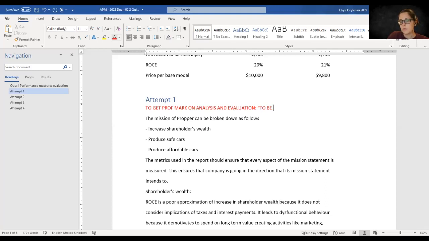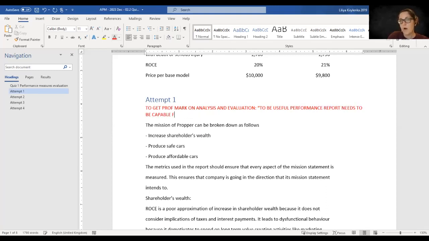To be useful, a performance report needs to be capable of telling the users, which means the board, how well the company is achieving its mission, or if the question does not have a mission, but instead calls it an aim or goal, then how well it is achieving its goals.